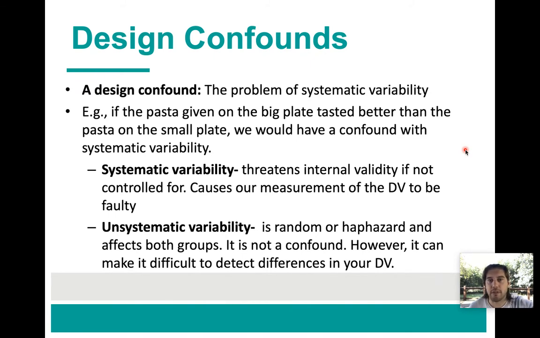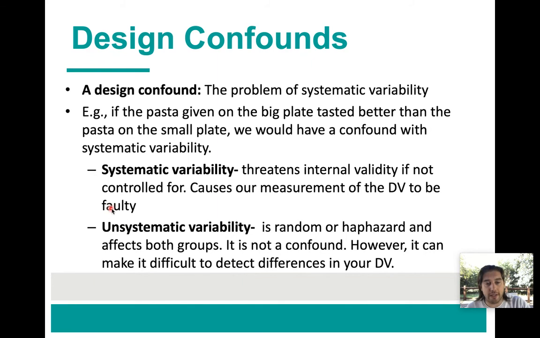So that has nothing to do with your experiment. It is random variability that you cannot control, right? It's very difficult to stop someone from doing that. So it's unsystematic. It's just kind of coming in from all over the place. It's problematic, but it's not as problematic as systematic variability.